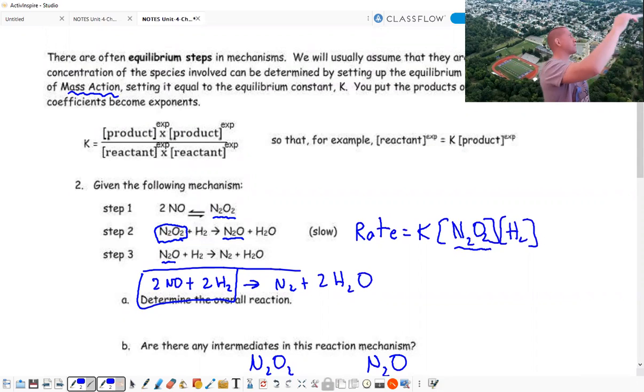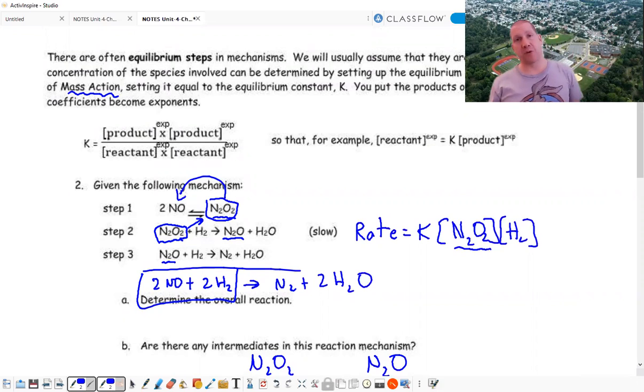So what I have to do is go back up here, see how the intermediate is produced, and then relate that to the reactants that produce it. You can only express the rate law with what you're starting with in the beginning. Reactants, not necessarily in step 1 though, you can see this one's in step 2, but you can't not have a reactant from the overall reaction. All right, so N2O2 can't be there.